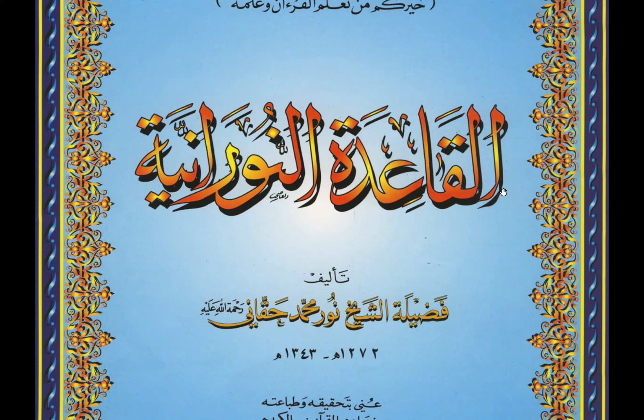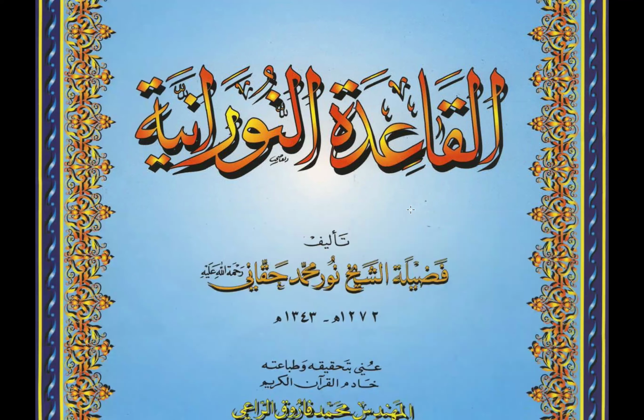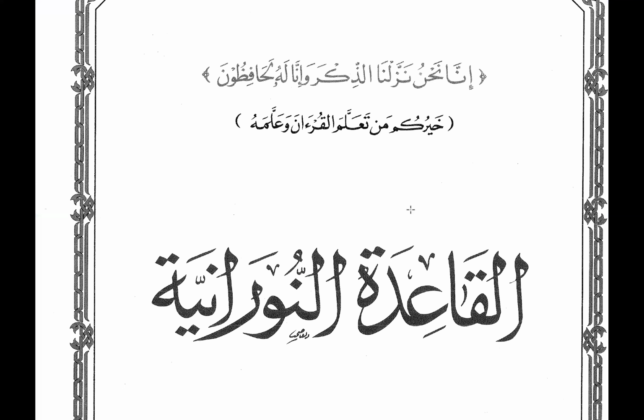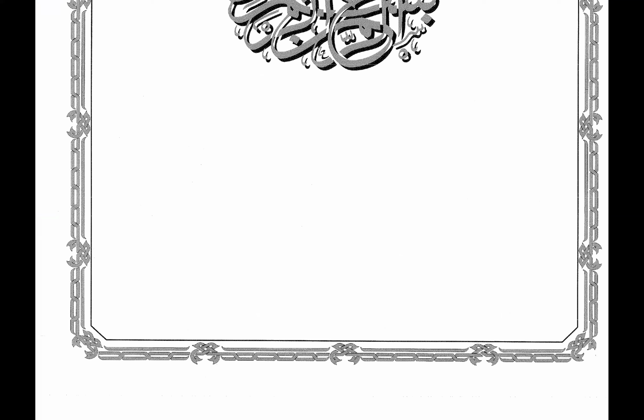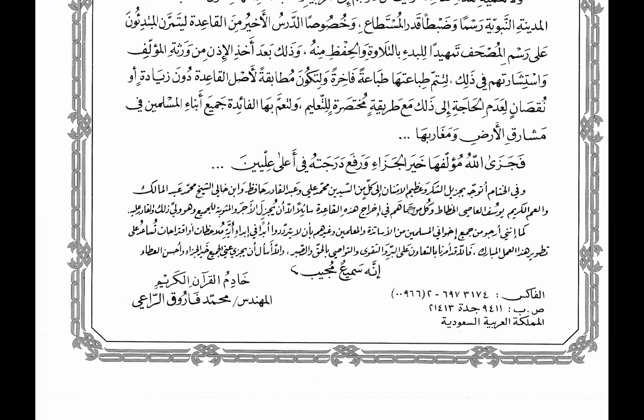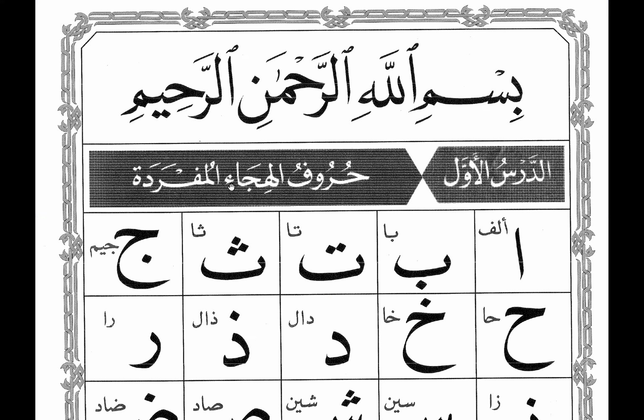So this is the book Qaida Nooraniyyah, where we learn the basics of reciting Quran and Tajweed. In the first lesson, الدرس الأول, is called حروف الهجاء المفردة, where we learn the letters of the Arabic language.